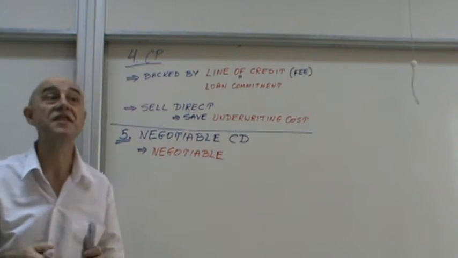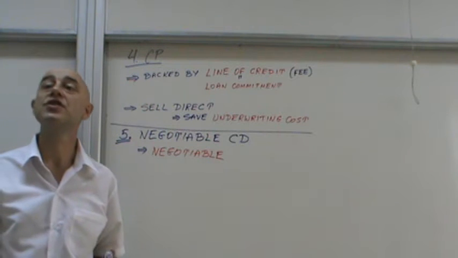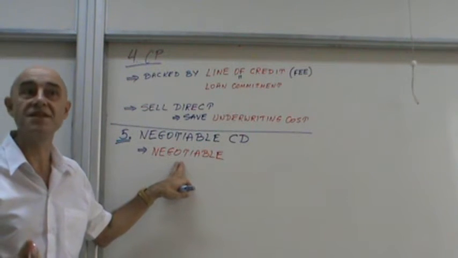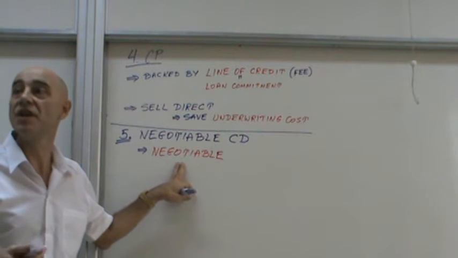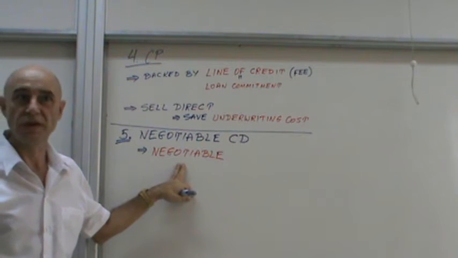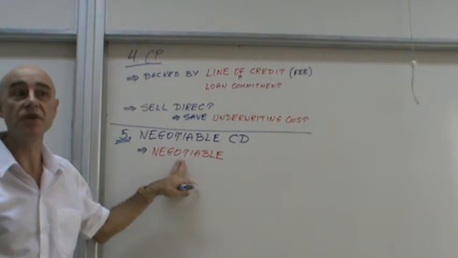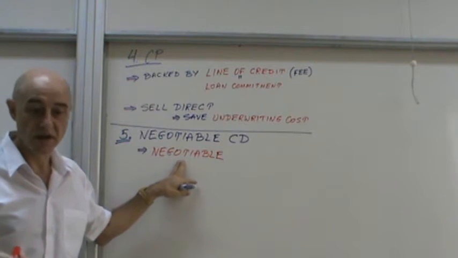Negotiable means that the title can be transferred, and therefore negotiable has the meaning that it can be sold. And if it can be sold, it means that the price can be negotiated between the buyer and the seller.